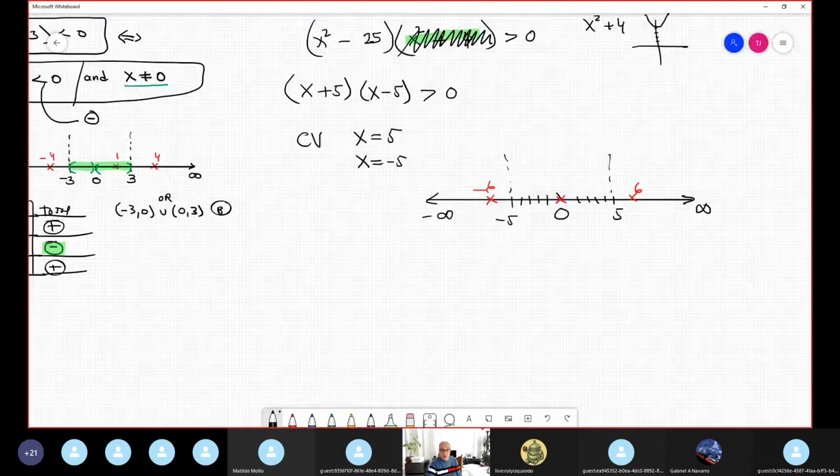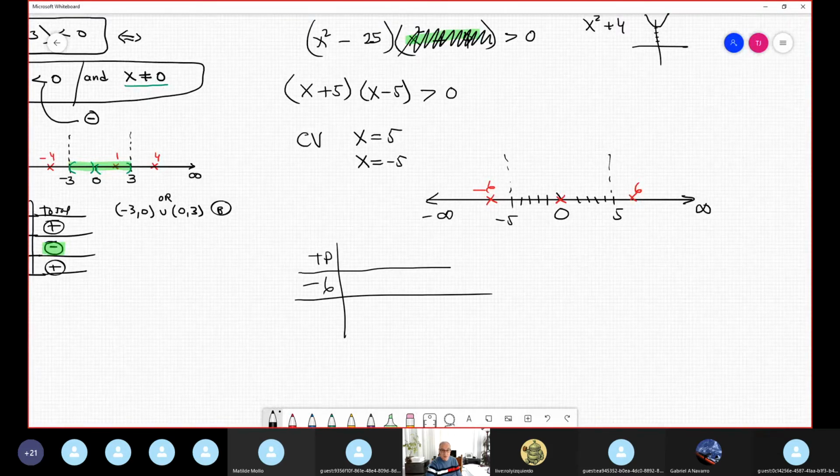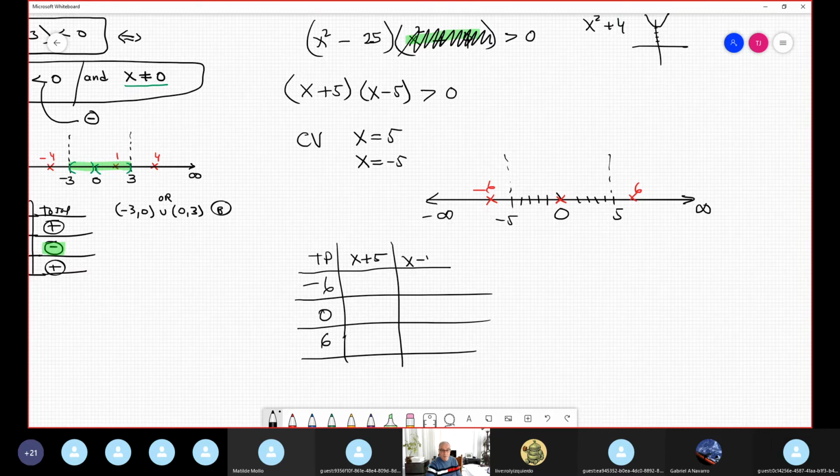Testing points: -6, 0, and +6. The factors are x plus 5, x minus 5. And total. It's negative, because -6 plus 5 is -11, negative together with negative is positive. And positive is a good guy, look, it's greater than, positive is a good guy.